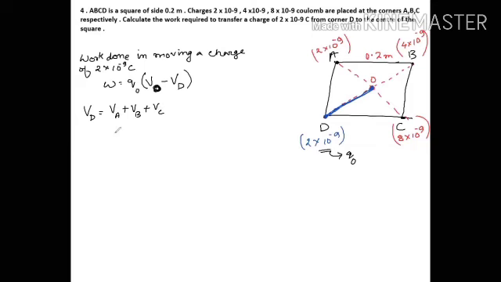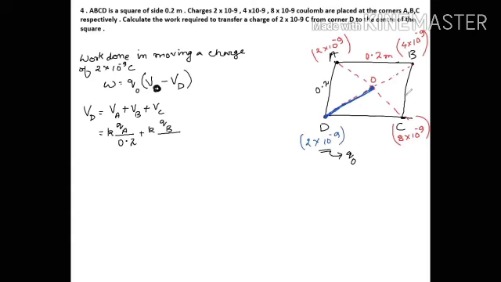We write it out: K QA by, now potential due to point A, it is at a distance of 0.2 meter, so 0.2, plus K QB by, now this distance is the diagonal.